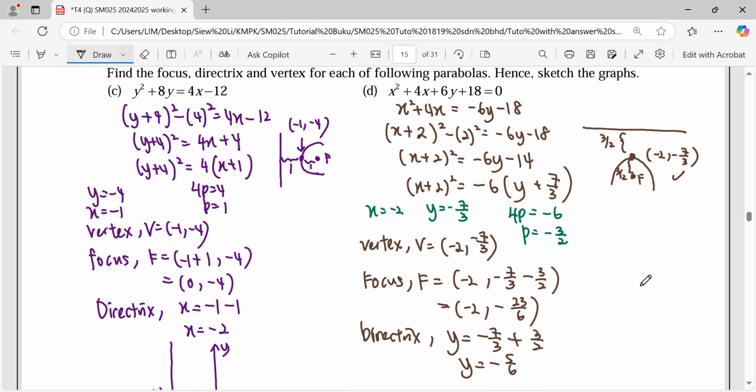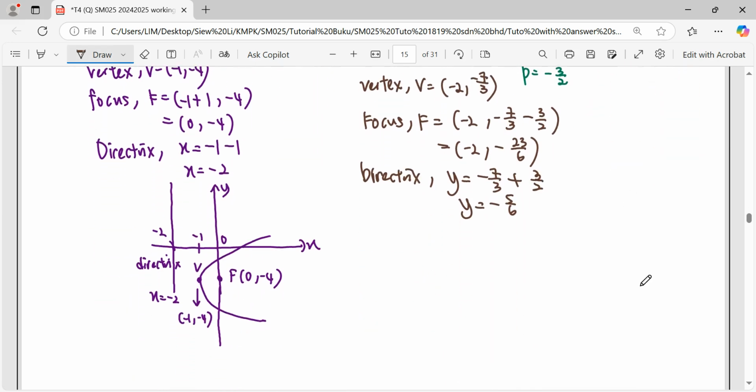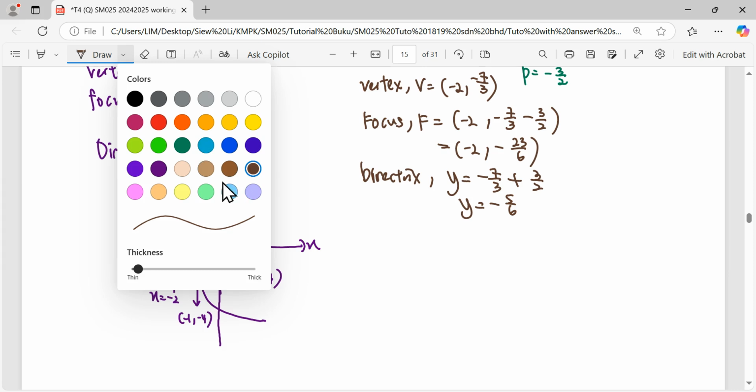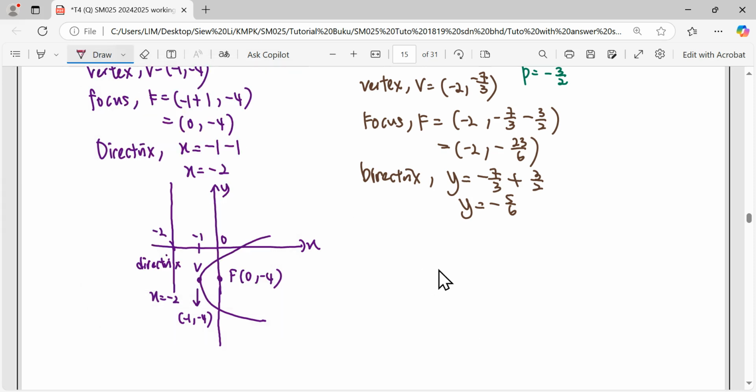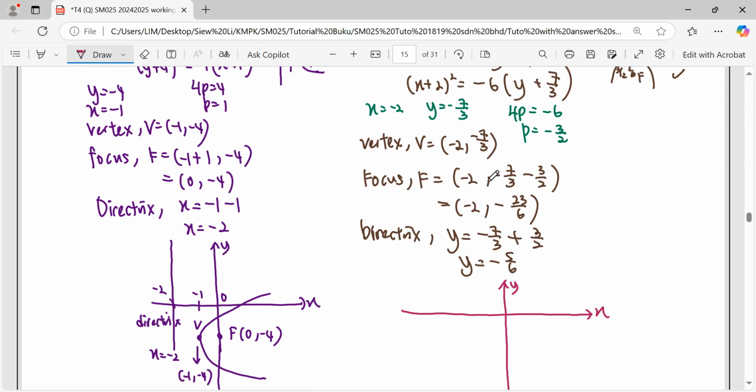Lastly, we're going to sketch this graph in the Cartesian plane. Here we have our x-axis and our y-axis. I make it a bit bigger because you can see all our coordinates are in the negative part.